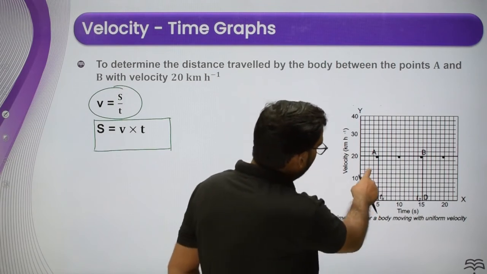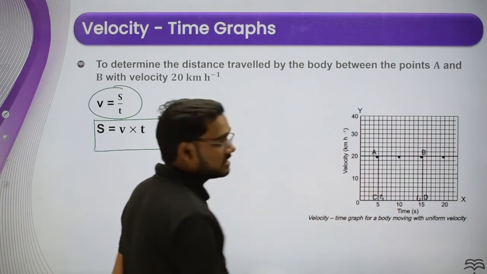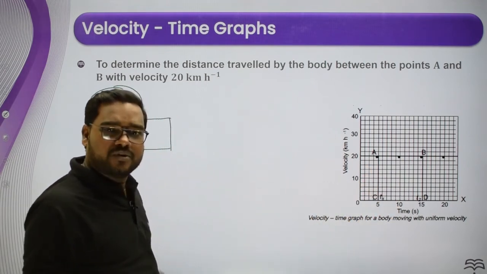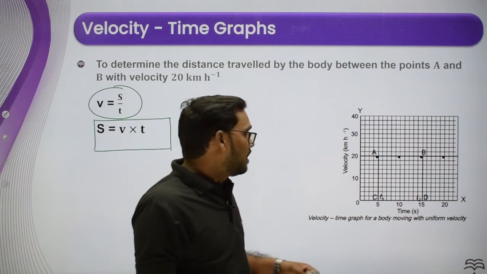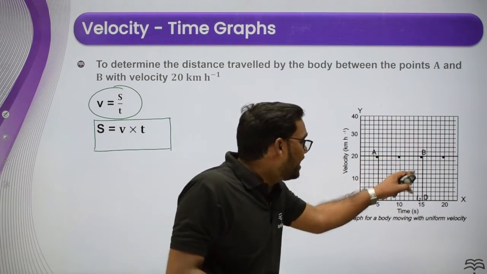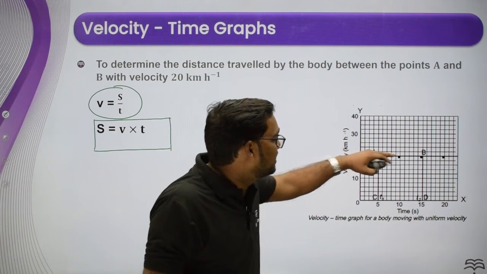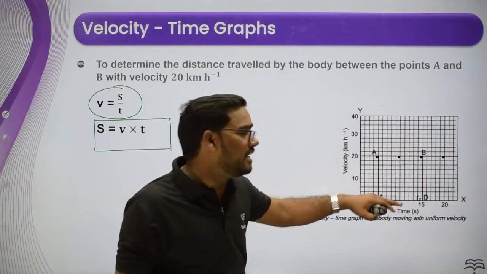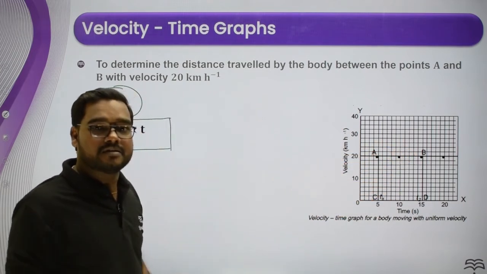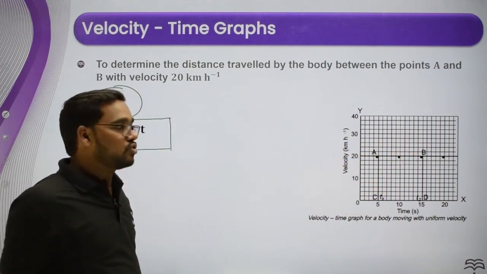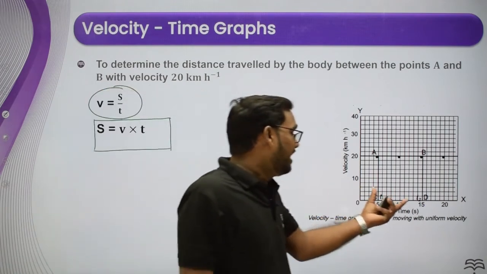If you multiply the speed with time, you will get the distance. So can you say that if you get the area under this line, you will get the distance traveled by the particle? Yes.